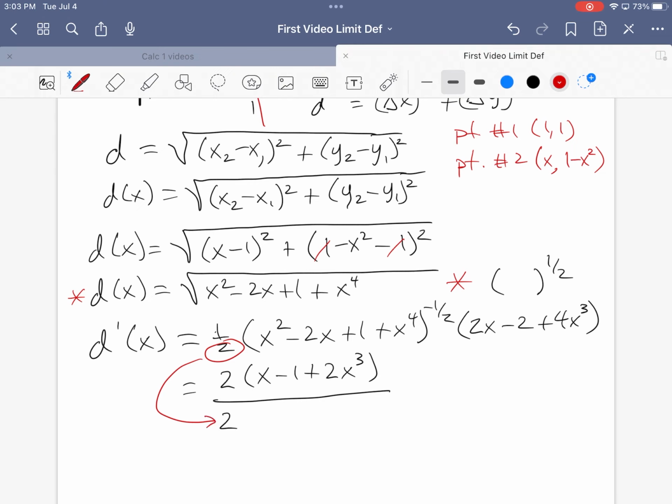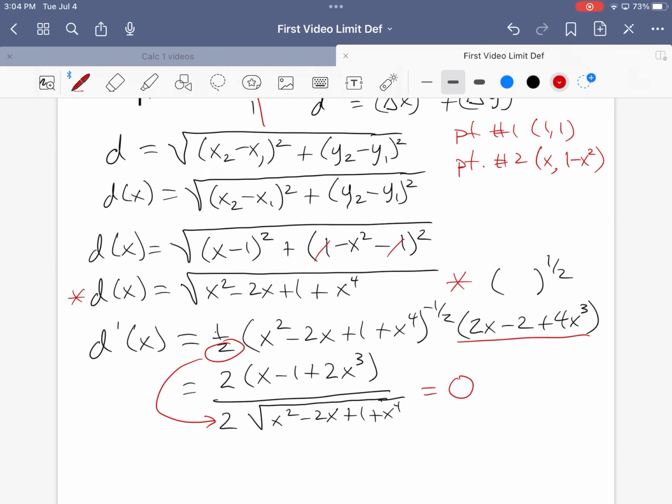And I factored out a 2 out of here. And then we get the square root of x squared minus 2x plus 1 plus x to the 4th. Okay, so this is my derivative. And remember, the key issue here is I want to set this equal to 0.